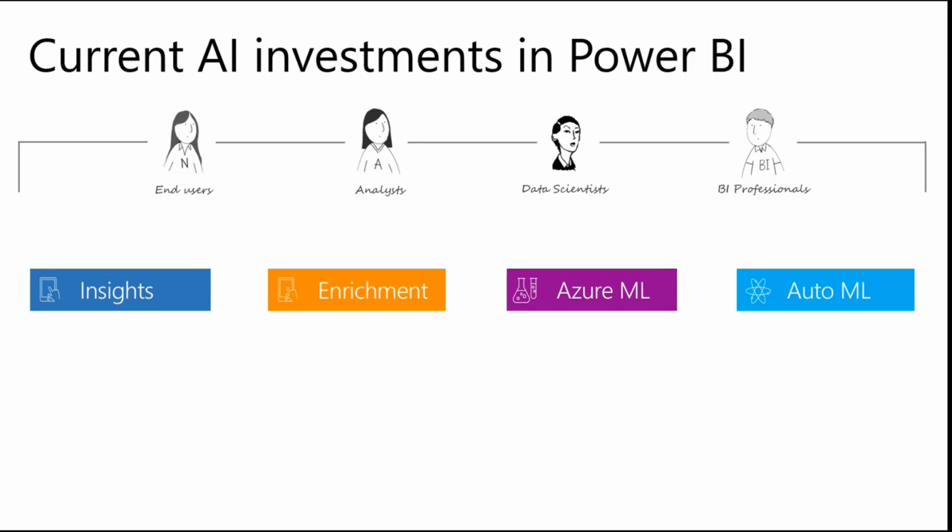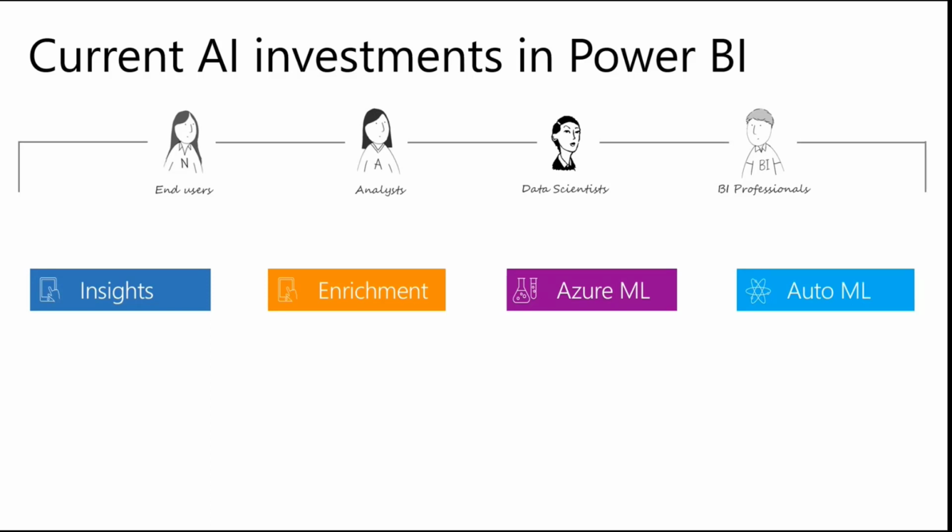So within Power BI, you have different kinds of AI features that you can work with. The first set of features are insights, and they're typically visualizations, just like bar charts and pie charts that you can build within Power BI Desktop and your end users can interact with. The second group of features are enrichment, and these refer to the integration of Power BI with cognitive services.